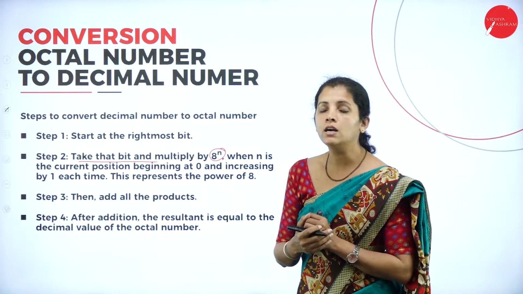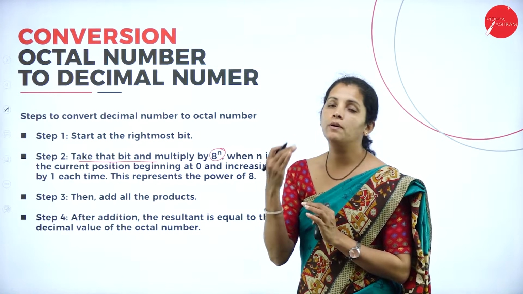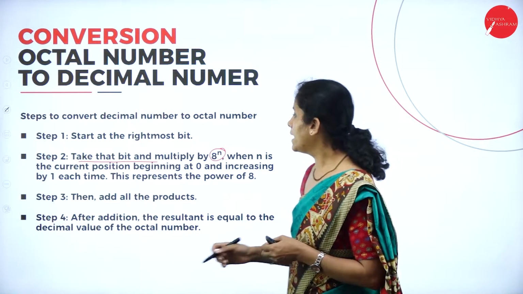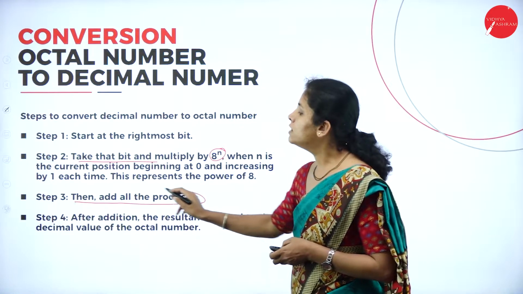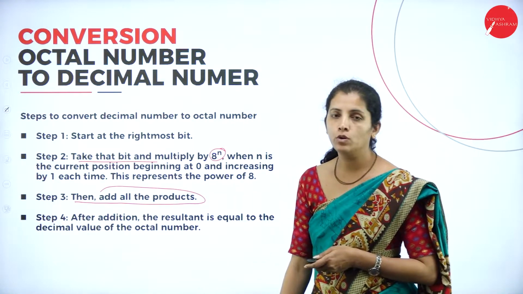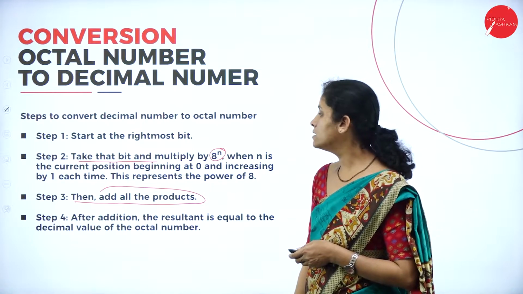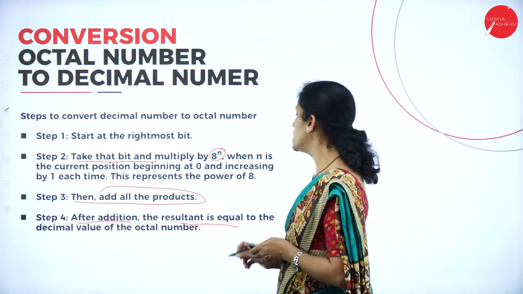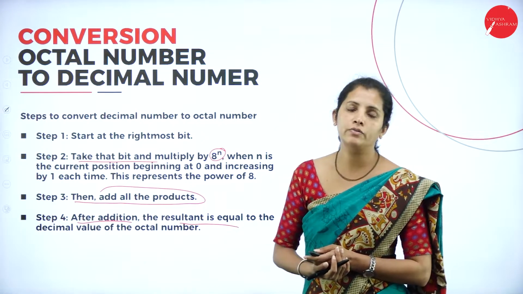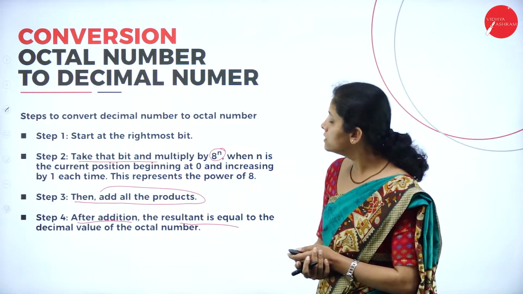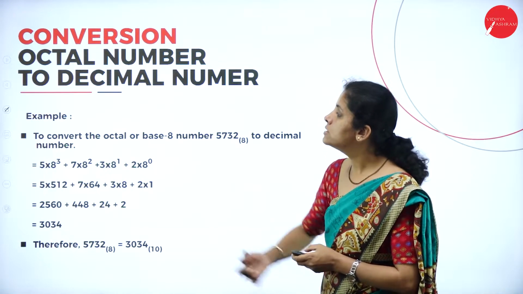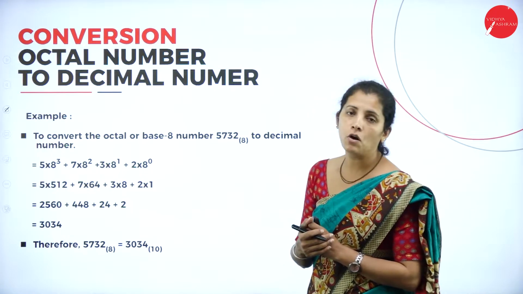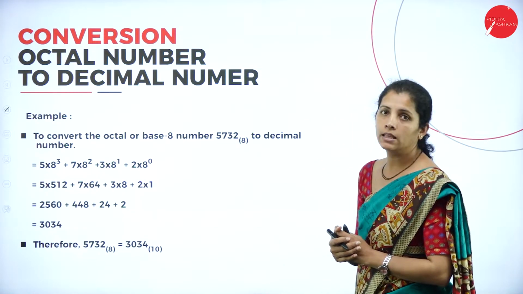The powers are 8 to the power 0, 8 to the power 1, 8 to the power 2, up to 8 to the power n. And add all the products. After addition, the result is the decimal value of the octal number. Now, with the help of some examples, let me explain the conversion of octal number to decimal number.